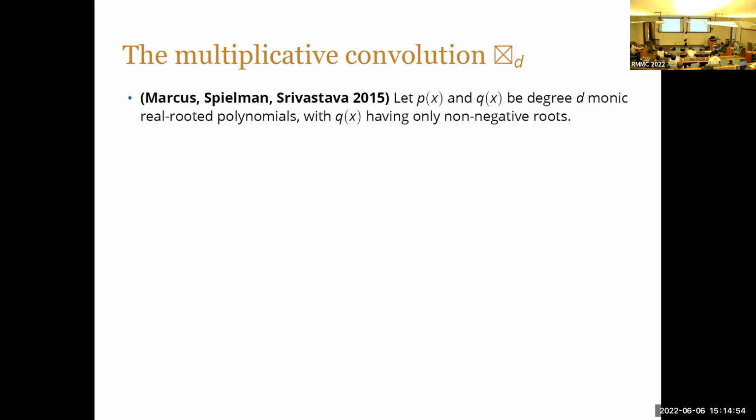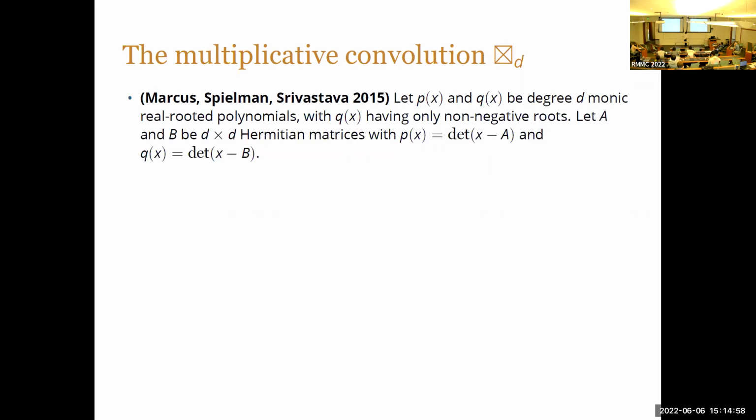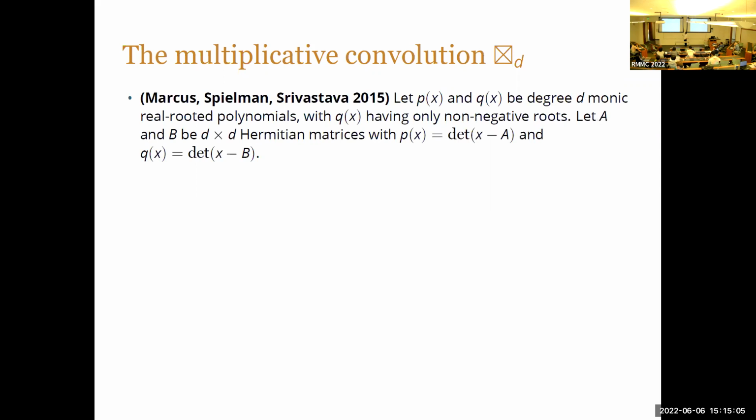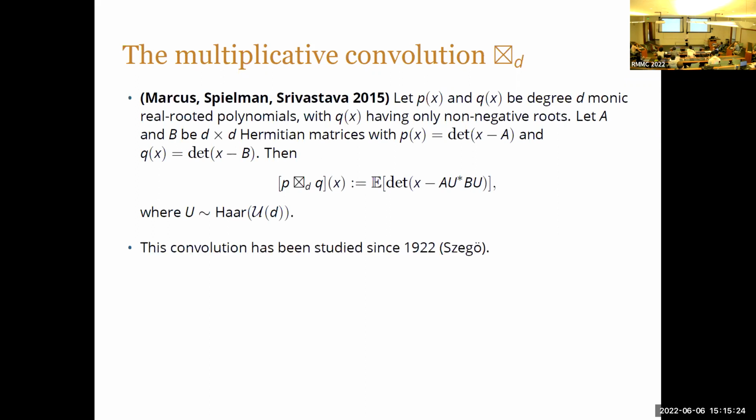And similarly, the multiplicative finite free convolution, you can define, given P and Q real-rooted polynomials with Q having only non-negative roots, by again taking matrices A and B, and then taking this expected characteristic polynomial. This time the random matrix that you're averaging over is A U star B U. And again, U is some Haar unitary matrix.